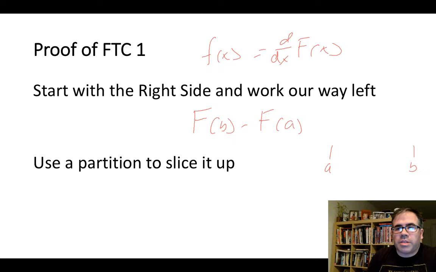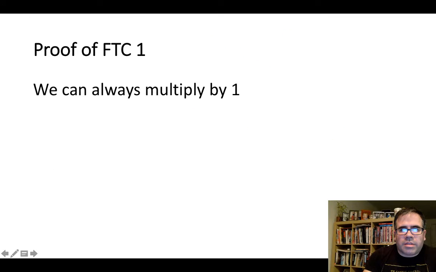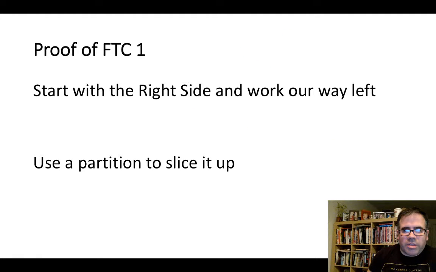So we introduce our partition where this is x0, and for however many things we have, xn, and then there's a bunch of slices. And we'll end up with n chunks, right? We use the partition to slice it up. Now, how do we introduce that into there?